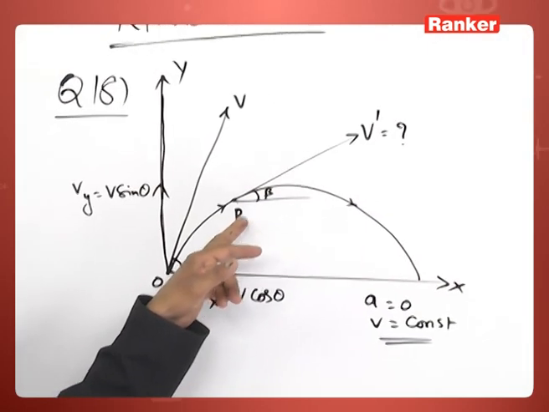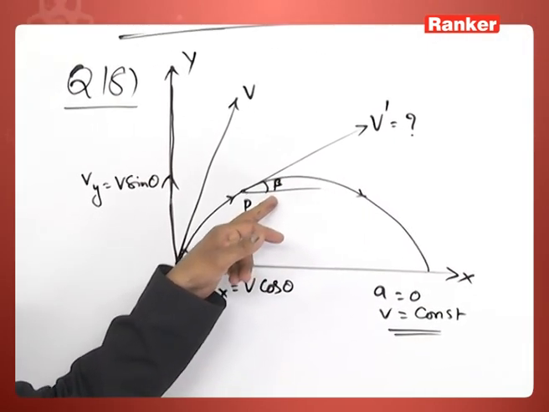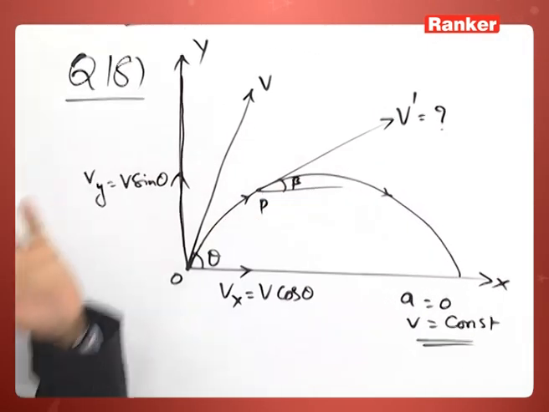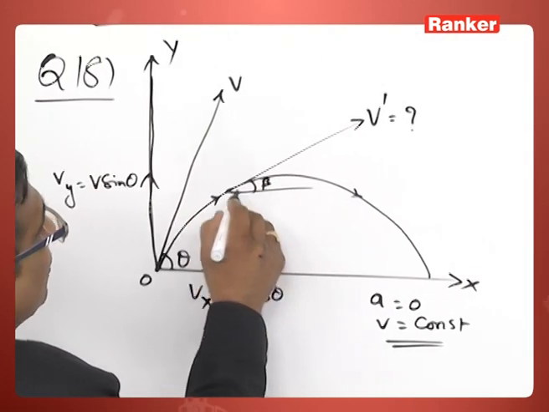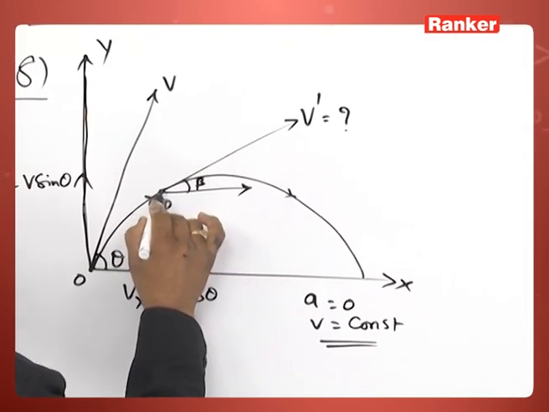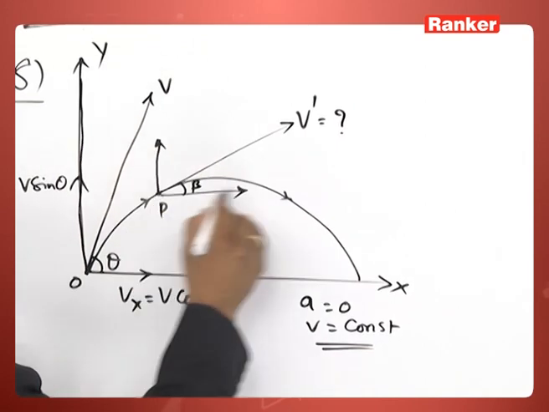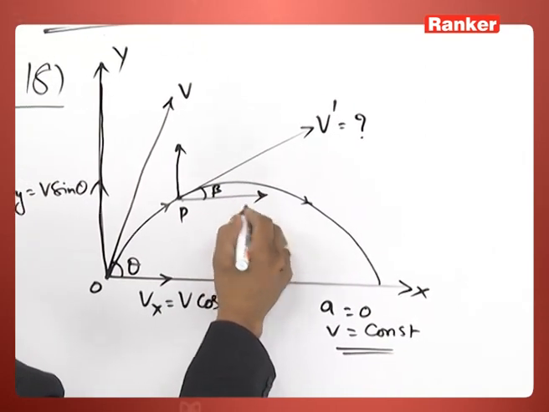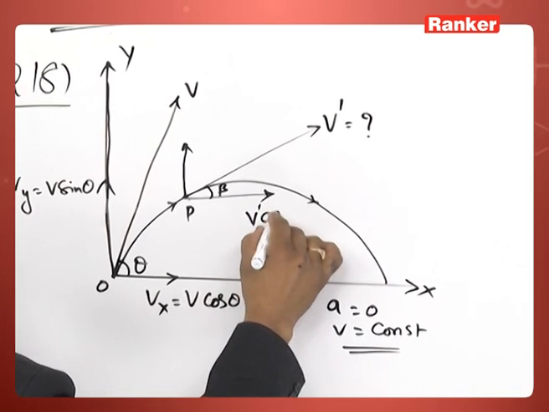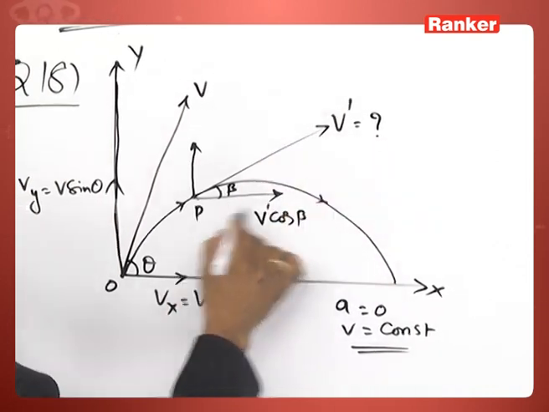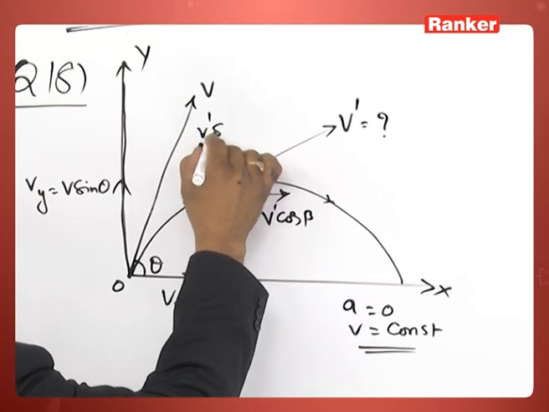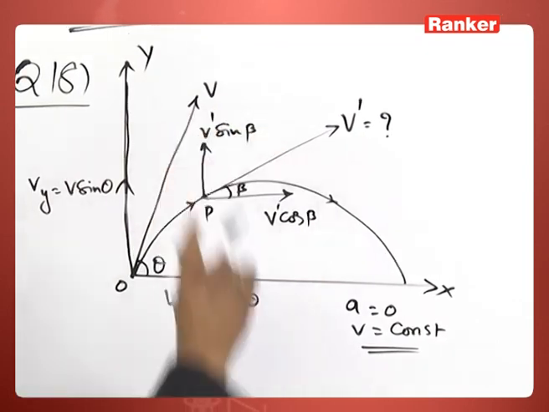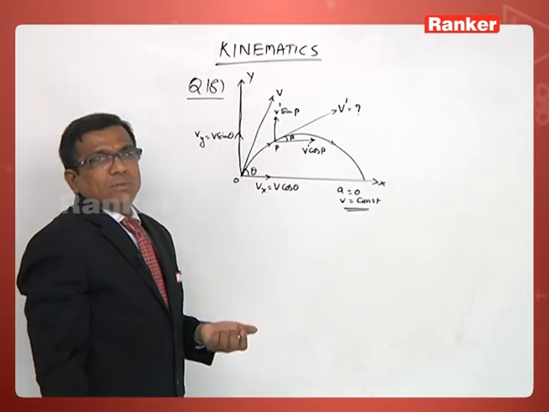Now after some time it is at P, and as given in the problem, it is making an angle beta with the horizontal. Again resolve this into two components. In this direction the component of velocity will become V prime cos beta. In the other direction the component will become V prime sin beta, as V prime is the velocity.